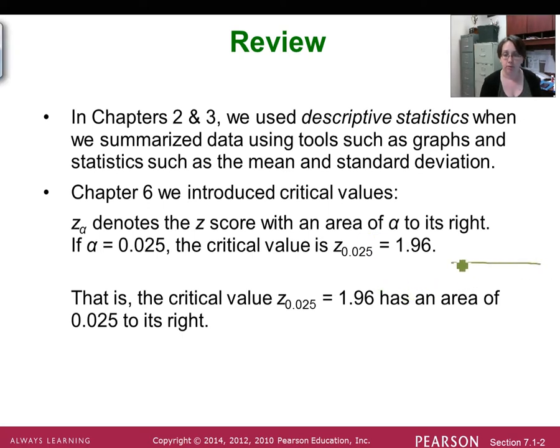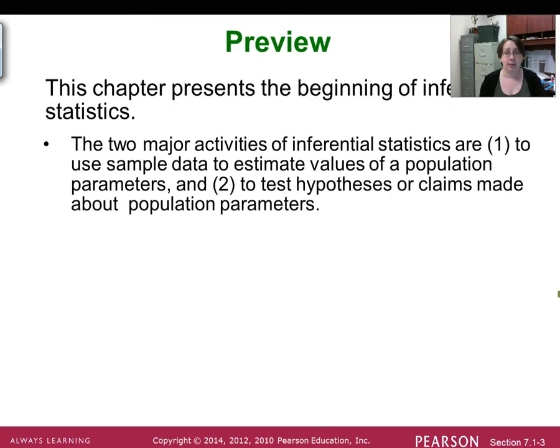If we have a bell curve, and in the right tail we have this area, alpha. If that area is 0.025, then the critical value cutting off that area, so this value right here, is 1.96. Okay? So we talked about that briefly last chapter.